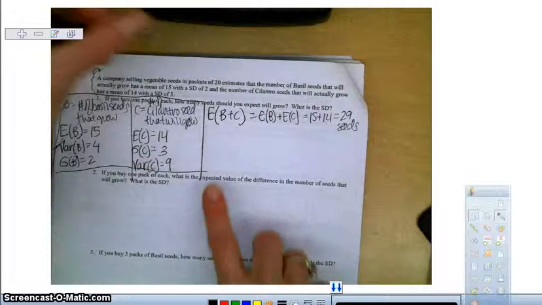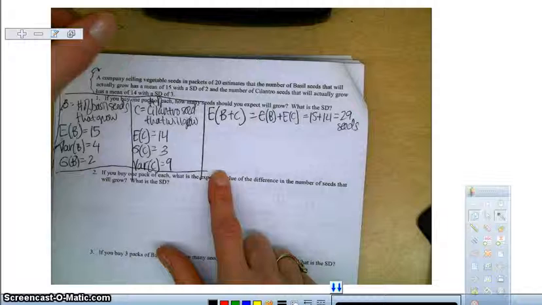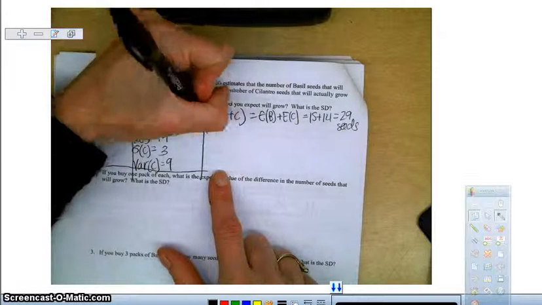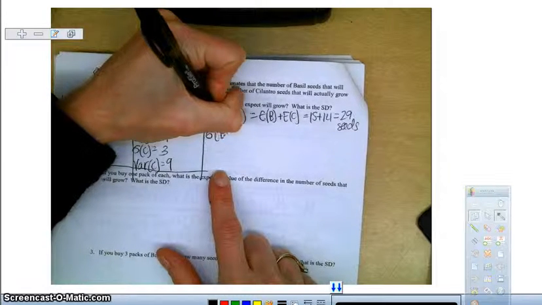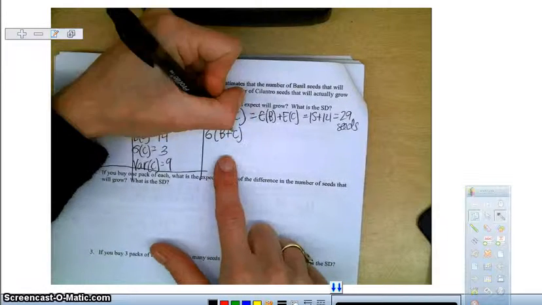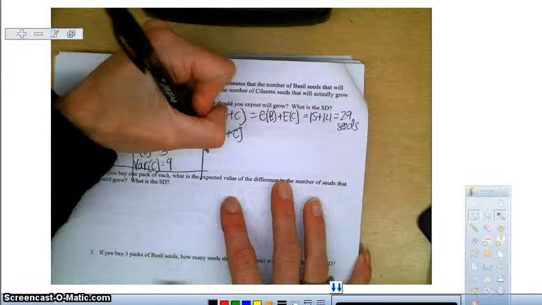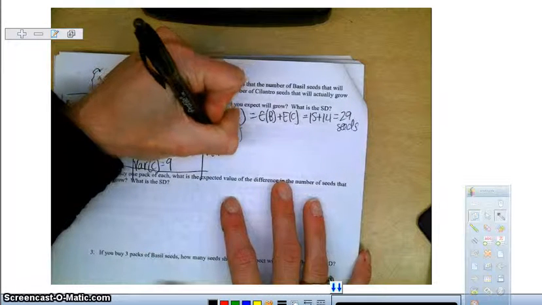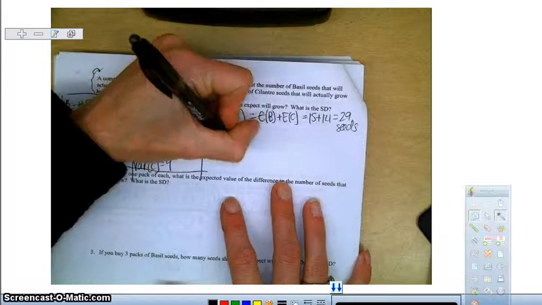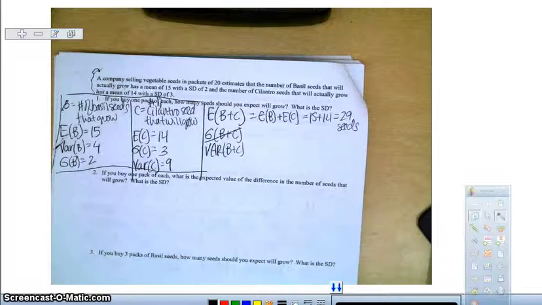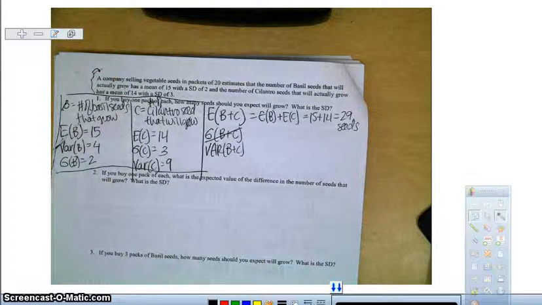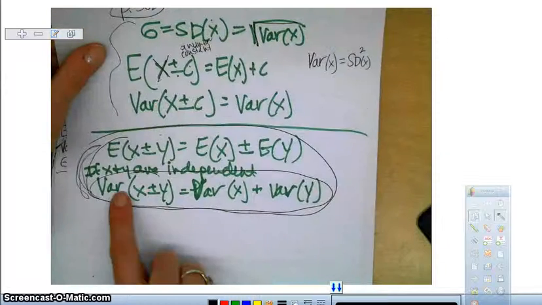Now I want to find the standard deviation of basil plus cilantro, but what I'm going to do instead is find the variance of basil plus cilantro, and then at the end take the square root of it. It will make your life easier in the long run, I promise, if you just deal with variance. And the formula is basically here.